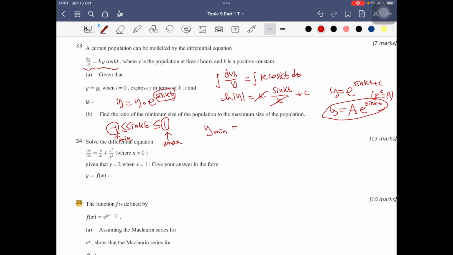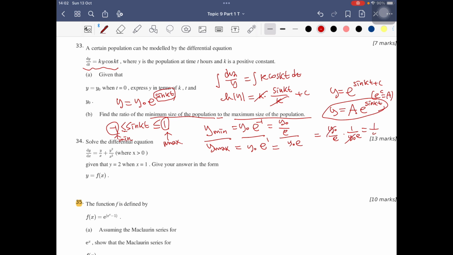So minimum is y0 e to the negative 1, so y0 over e. Maximum is y0 e to the power of 1. So minimum to maximum becomes y0 over e times 1 over y0 e. So 1 over e squared. This is the ratio.